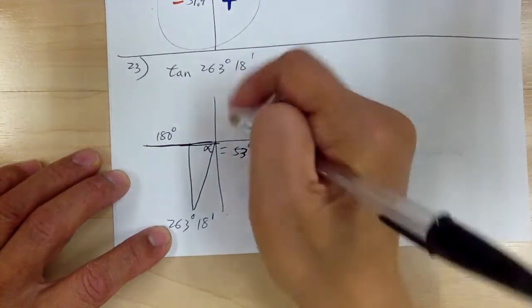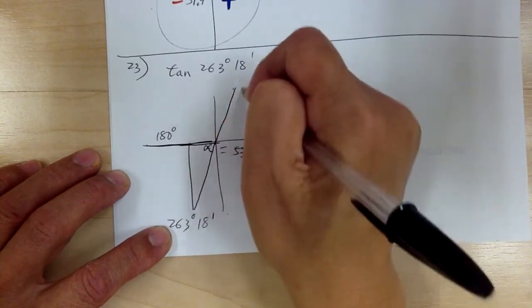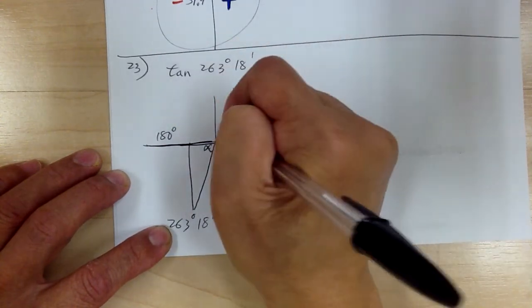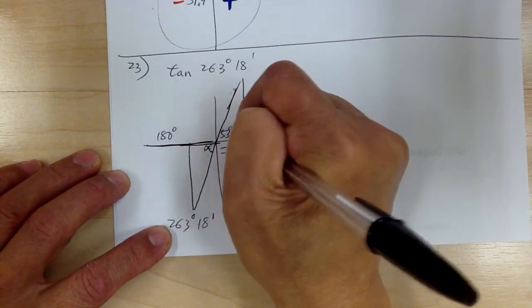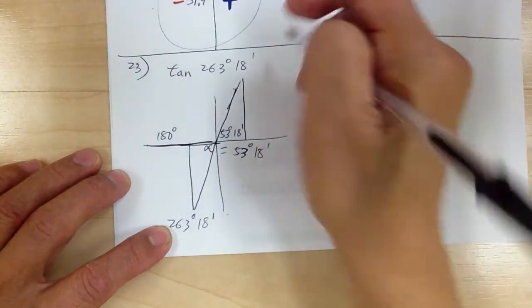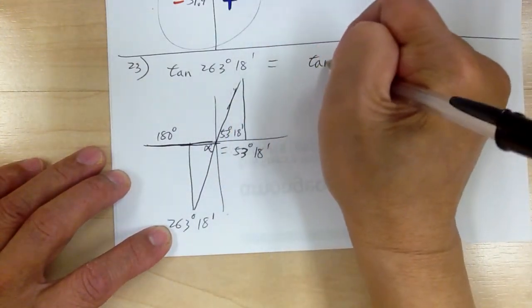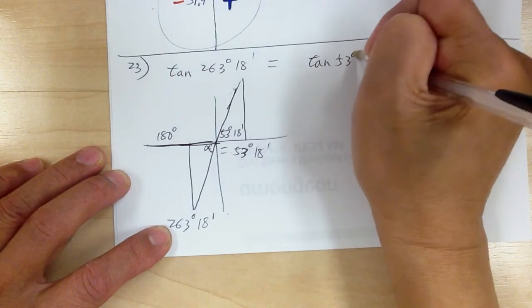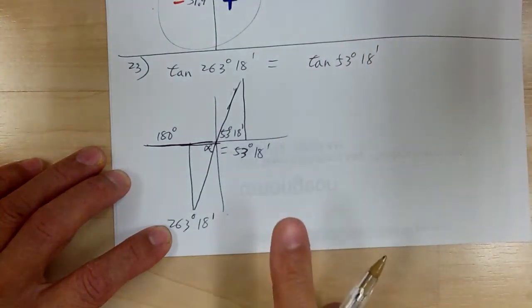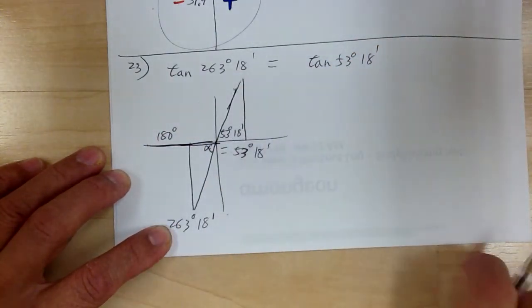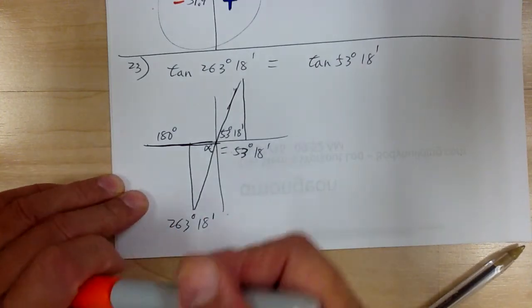Okay. So you're going to transform that into quadrant 1. So this is equal to tangent of 53 degrees and 18 minutes. Okay. But now you have to see if they are the same or the opposite. Okay. So tangent is slope.